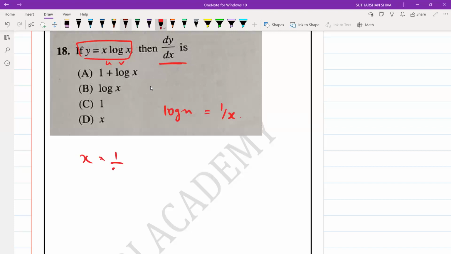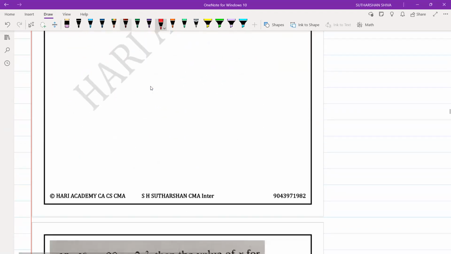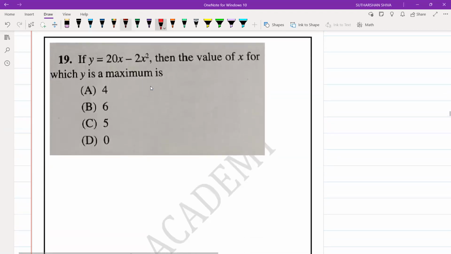So x into 1 by x plus, we keep log x. That is u dv plus v du. Differentiate x, it will become 1. The x gets cancelled. It will become 1 plus log x. So my final answer is option A. Simplest question. Within 20 seconds, you can easily solve it.